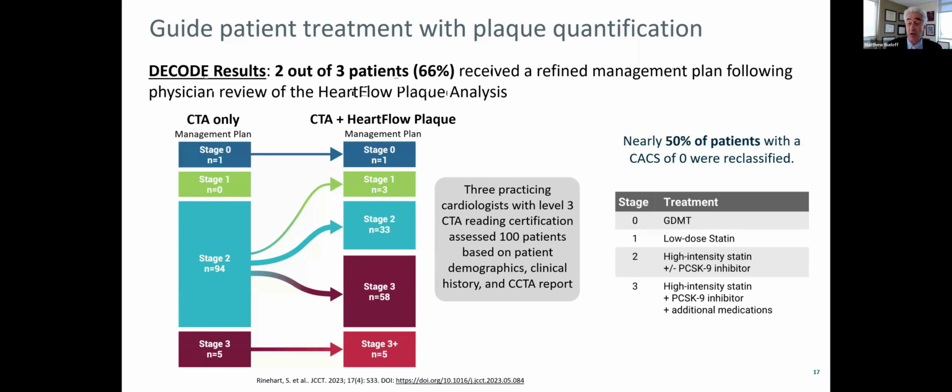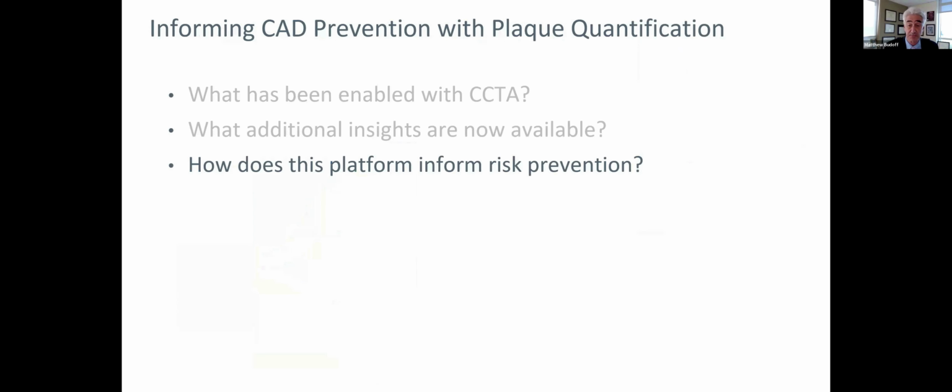And you can see what at least one proposed algorithm of care would be. Stage 1, we put on low-dose statin. Stage 2, high-intensity statin with PCSK9. And then stage 3, more severe plaque, add in additional medications. And we'll talk more about some potential algorithms of care as we identify patients with more severe atherosclerosis.